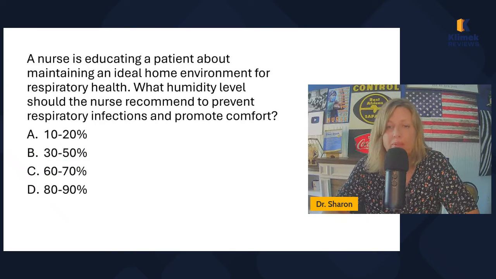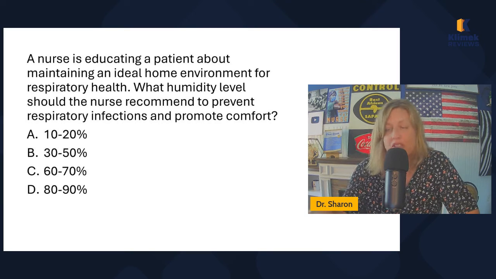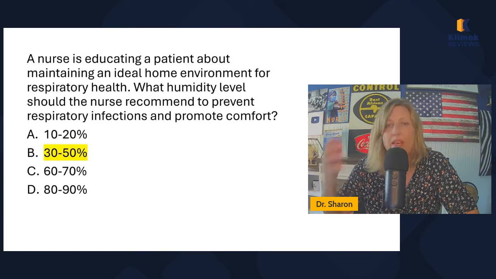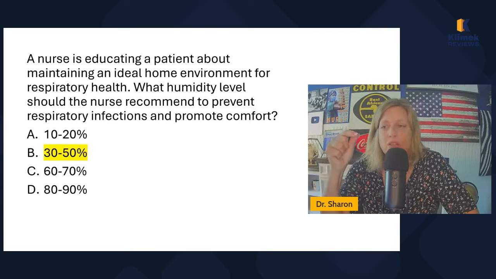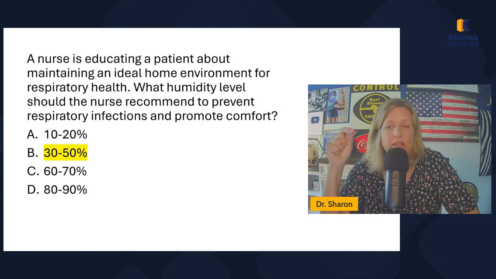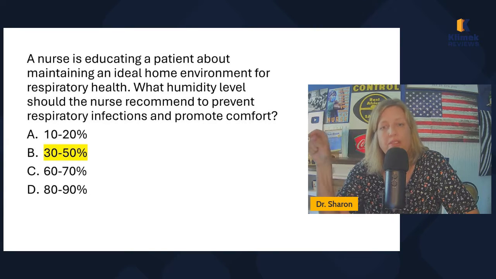A nurse is educating a patient about maintaining an ideal home environment for respiratory health. What humidity level should the nurse recommend to prevent respiratory infections and promote comfort? Now, this is just a fact you have to know. And the recommendation is anywhere between 30 and 60%. So you might say, well, Sharon, C has 60% in it. Yes, but C goes up to 70%.